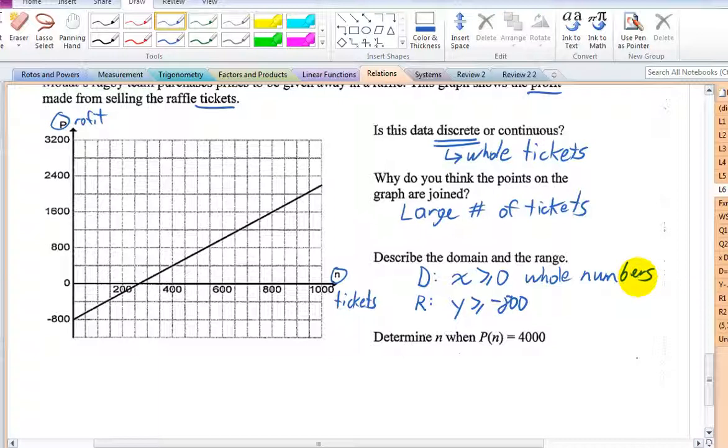Let's figure out m. Find your slope. We need the cost per ticket. So rise over run. Use this point here. Find your rise, find your run, please. Be careful because the squares go up by a large number.